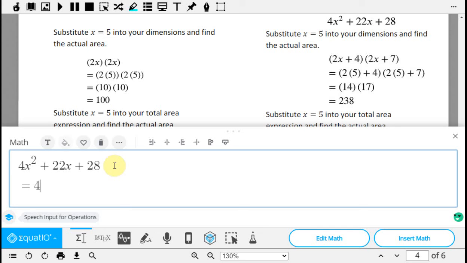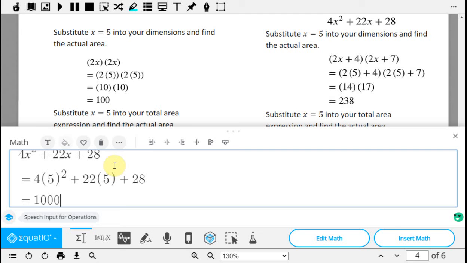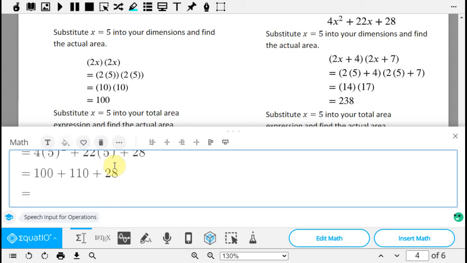Substituting 5 in for x, 4 times 5 squared plus 22 times 5 plus 28. That equals 4 times 25, which is 100, plus 5 times 22. 5 times 2 is 10. 5 times 20 is 100, so that's 110. Plus 28 gives us 238.